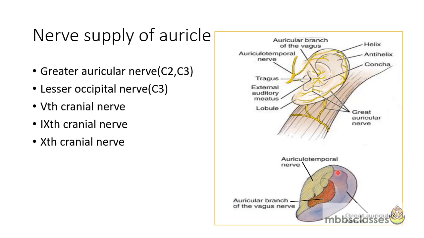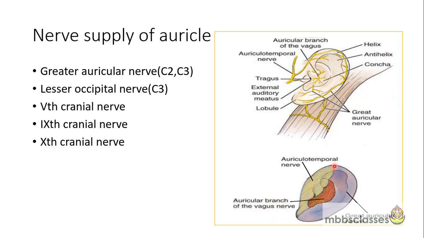This is the lateral surface of the pinna. How do we identify it? We identify it by ridges and depressions. On the lateral surface, the lower third is supplied by the greater auricular nerve, that is the C2, C3 nerve.